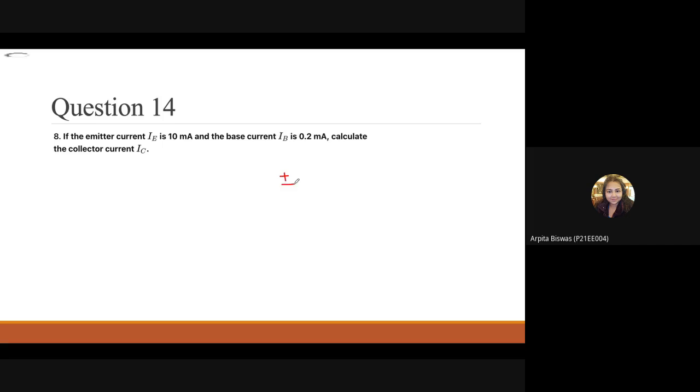IE is given, 10. What we know is IE equals IC plus IB. This is the equation.